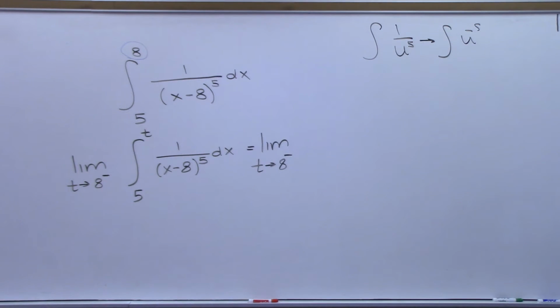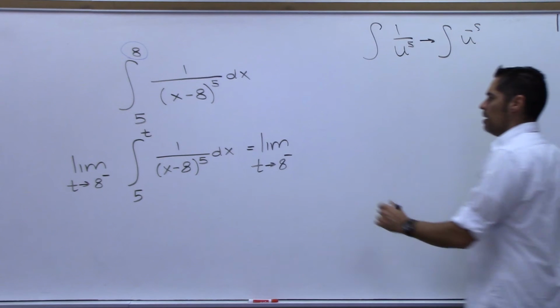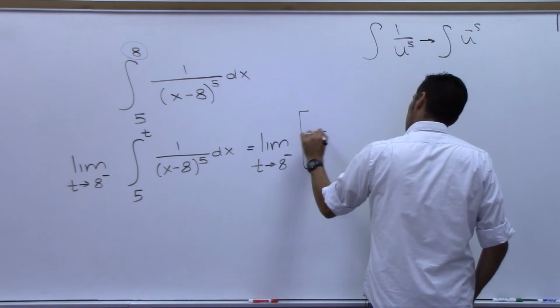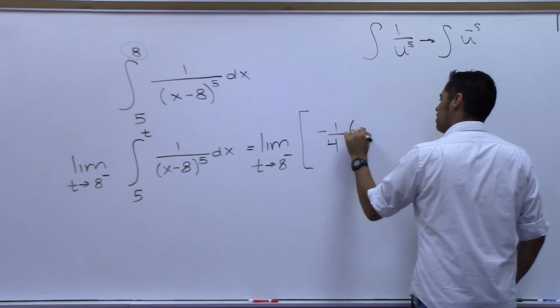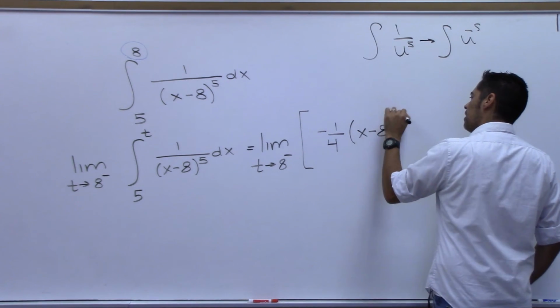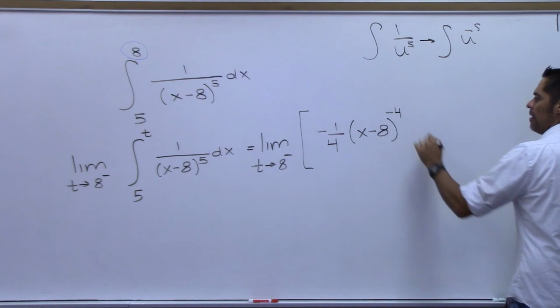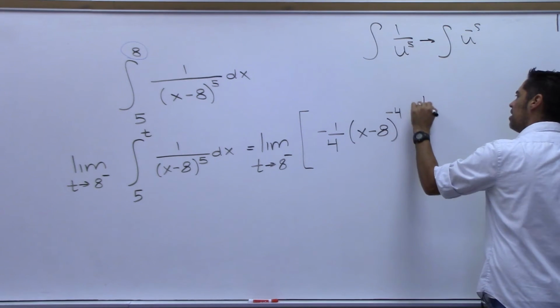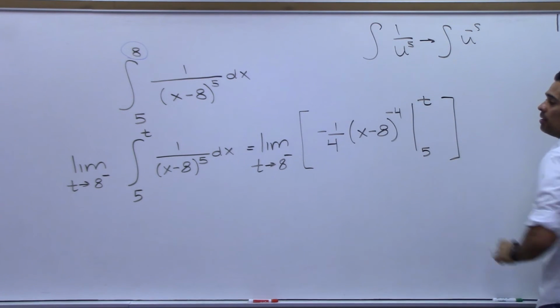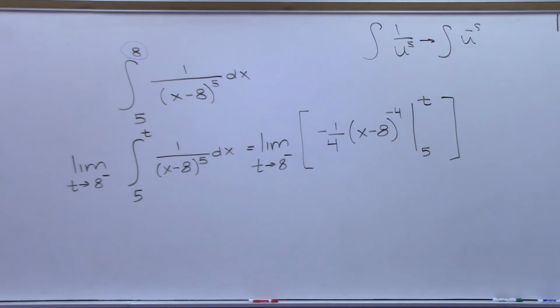So the antiderivative of that would be negative 1/4 u to the negative 4. You have to add 1 to the exponent. So this should be negative 1/4 times (x minus 8) to the negative 4. And then I'm evaluating that at 5 and at t. And then I'm going to let t go to 8 from the left at some point.